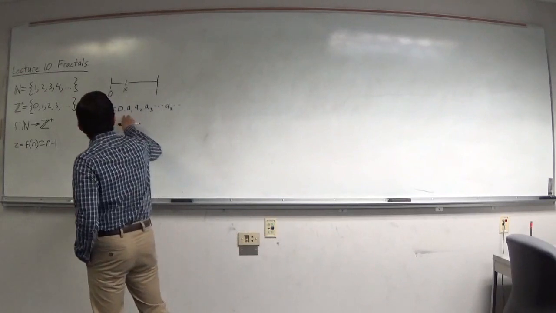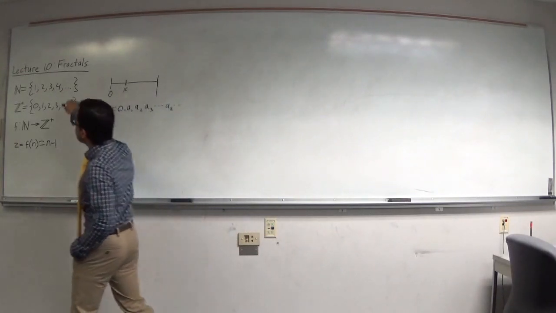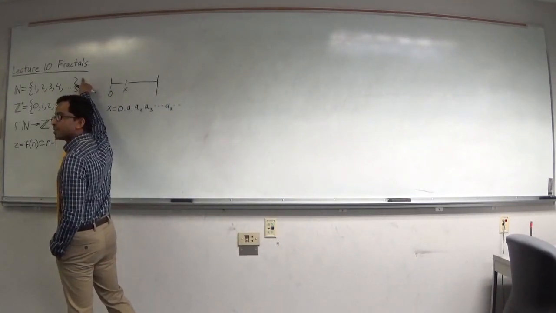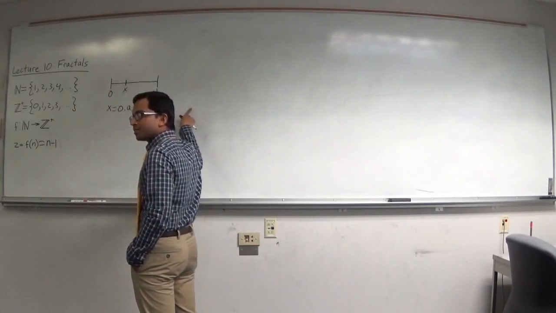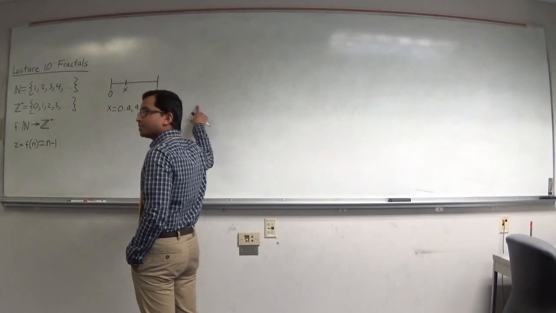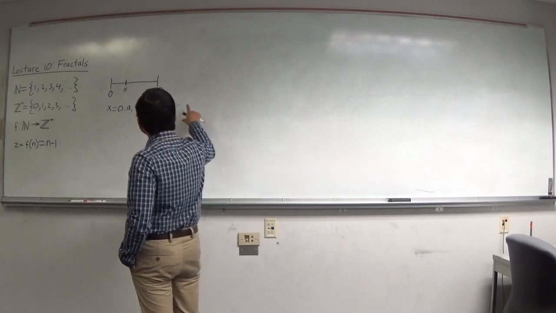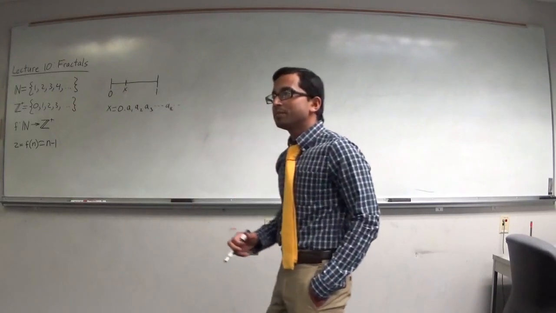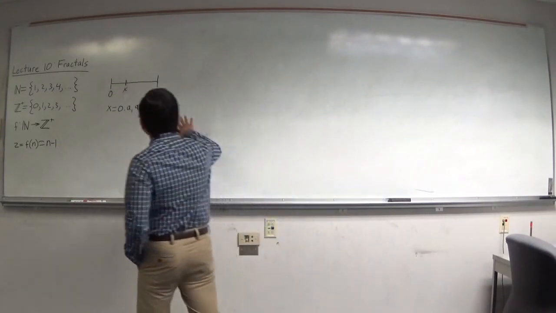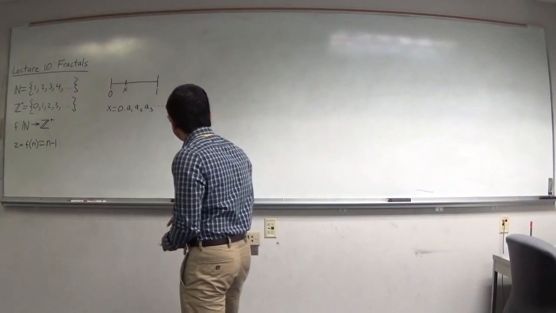So these digits are represented by the natural numbers. So every single a is a natural number. So obviously we can show that it can't be 1 to 1.